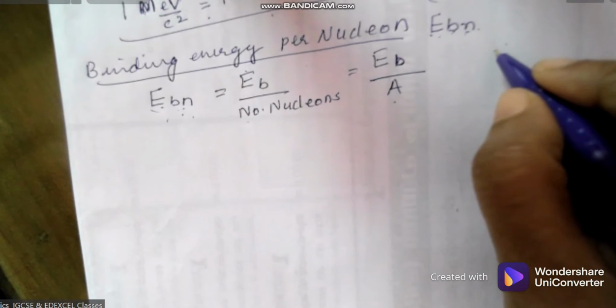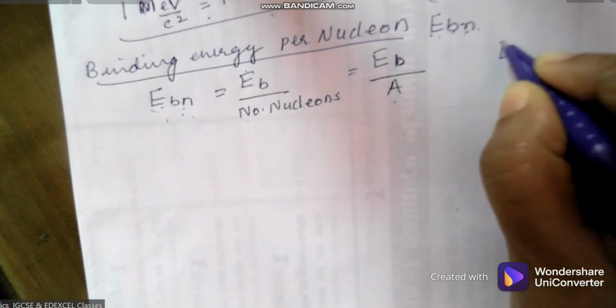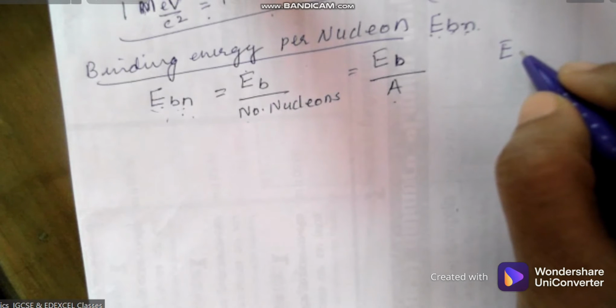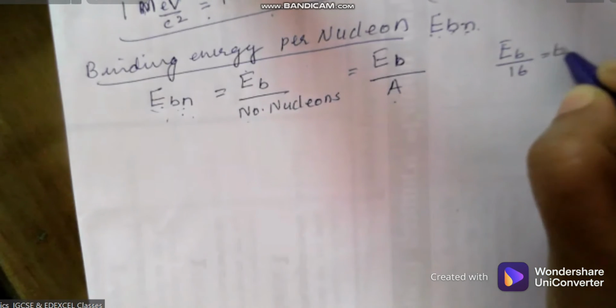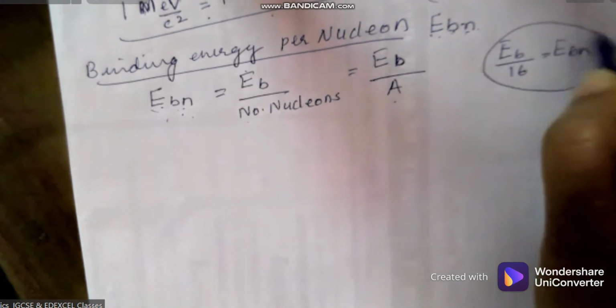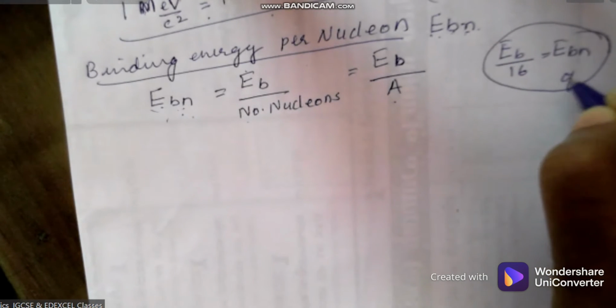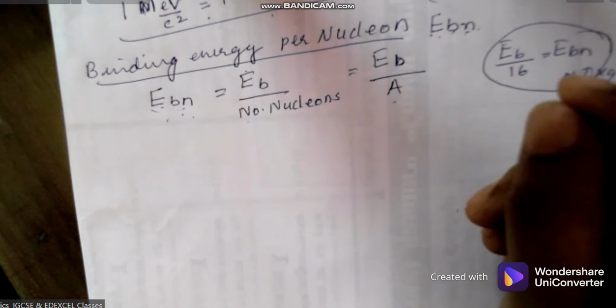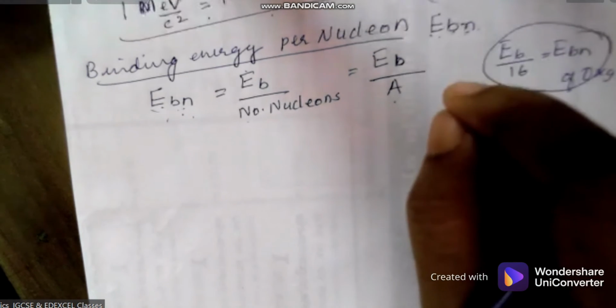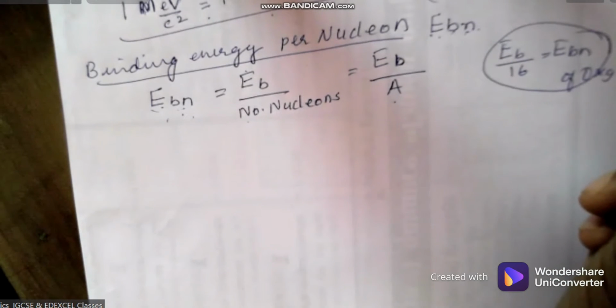The binding energy of the nucleus divided by 16 will be the binding energy per nucleon of oxygen. So on average, how much energy you have to spend to remove one neutron or one proton? That is binding energy per nucleon.